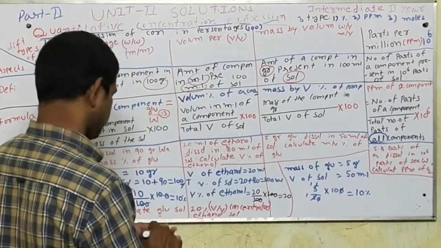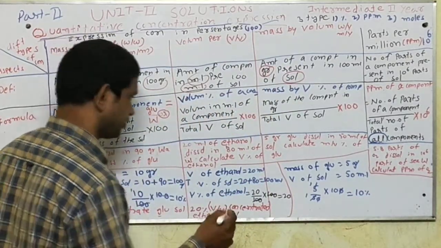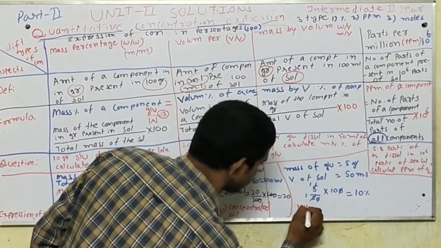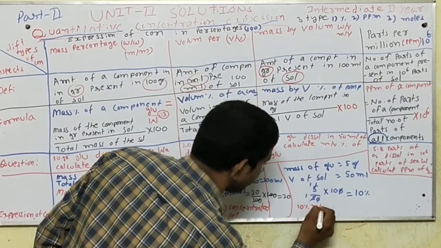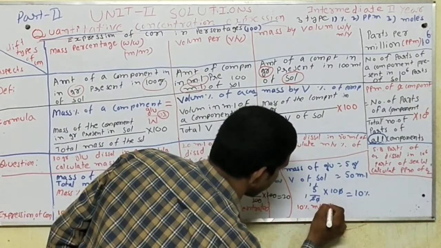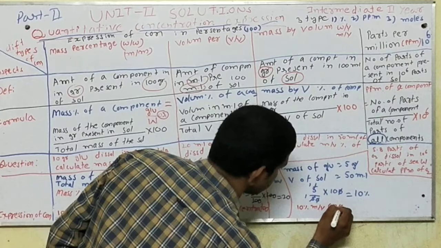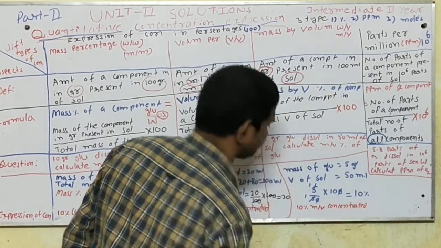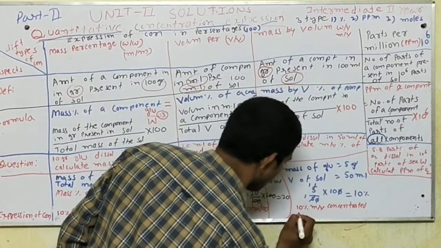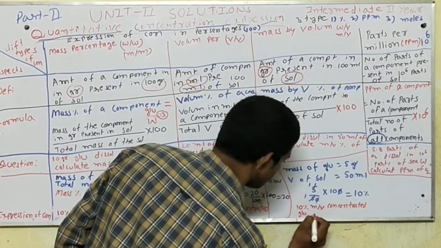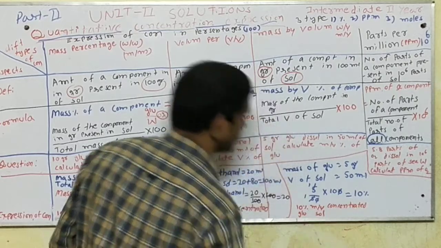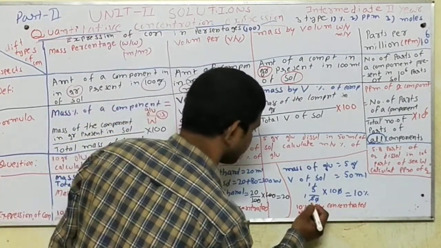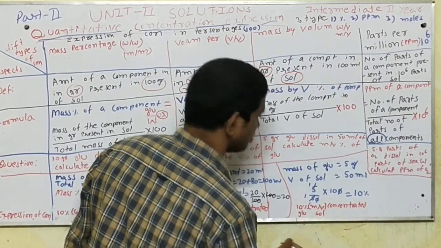And we have to express it in terms of concentration, that is 10% M by V concentrated glucose solution.